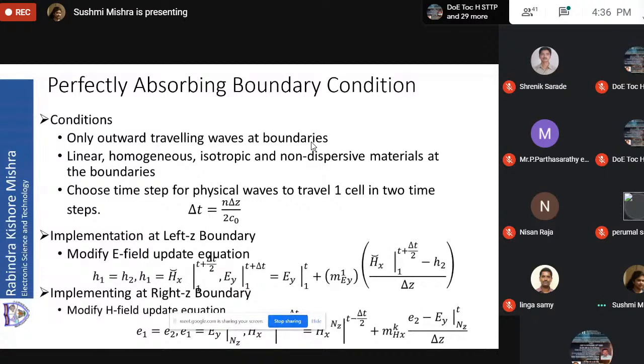So at the boundary z is equal to 1 or k is equal to 1, Ey 1 is the boundary. Then t plus, the right hand side, put all k as 1. Then in the bracket you can see that we have to use two H values. One H value is there for 1. The other H value is given by h1 or h2, whatever you write. So h2.